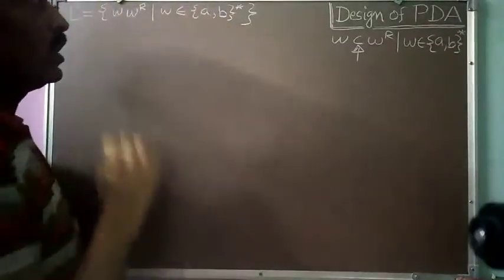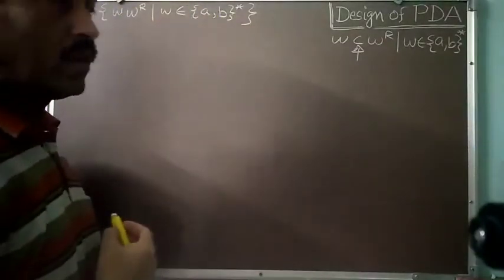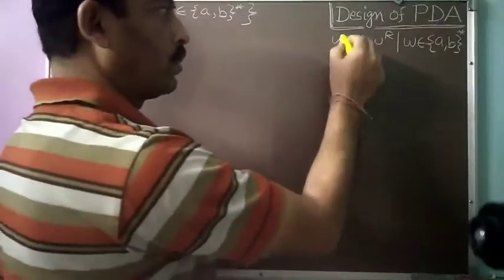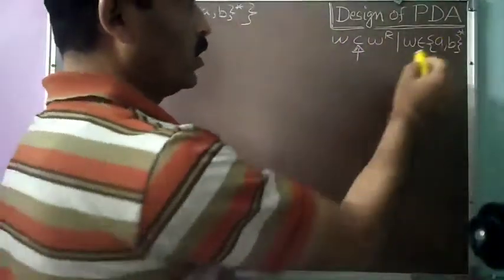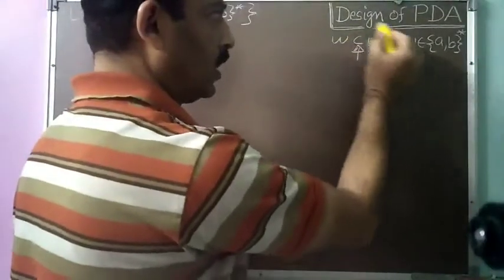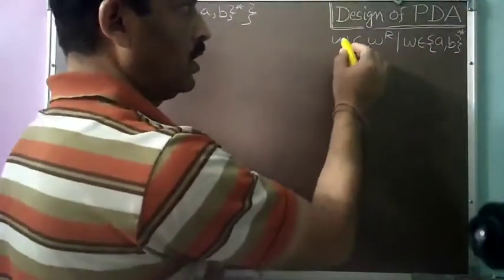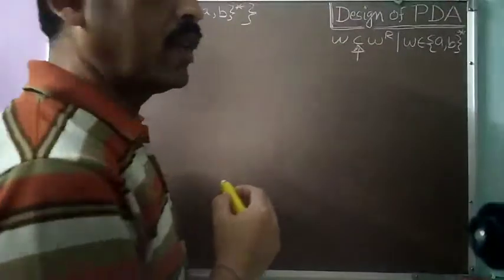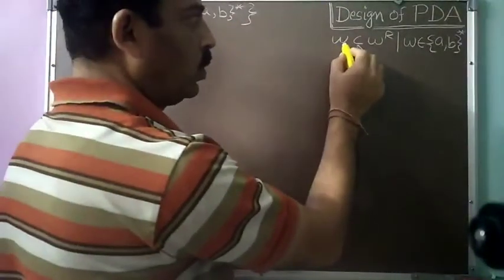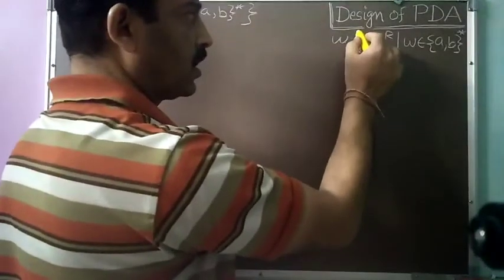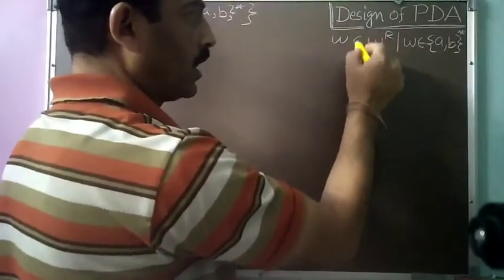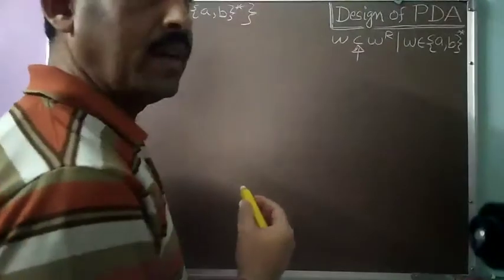It is similar to the problem which we discussed in the last session, that was WCWR, where W belongs to {A, B}*. Here also we have palindromes, but all the palindromes are of odd length because W and then WR are reverse of each other, and C comes in between as the separating marker.